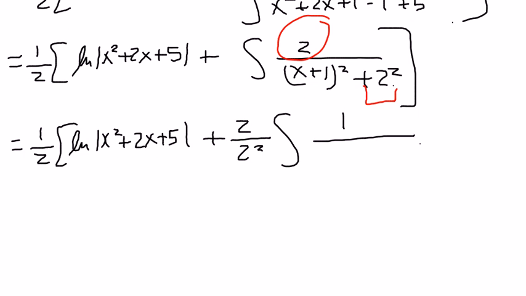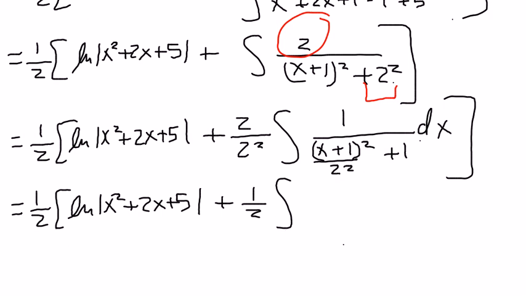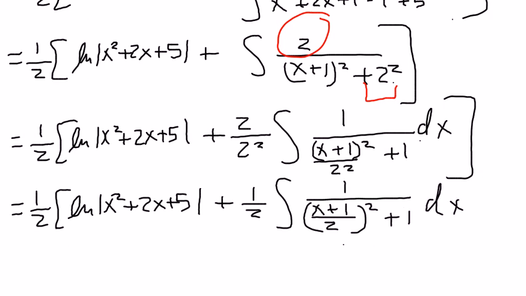This would be 1. I didn't have 1 to begin with in the x plus 1 squared, so I'm going to have to put it in the denominator. Now I need to combine the squares. So this is 1 over x plus 1 over 2 squared plus 1.